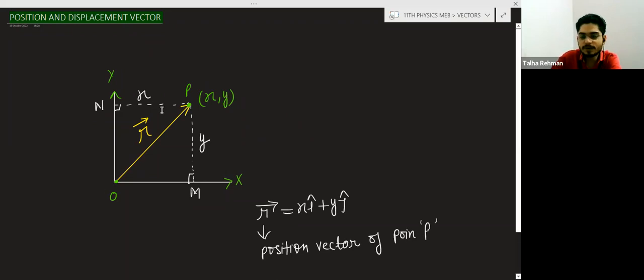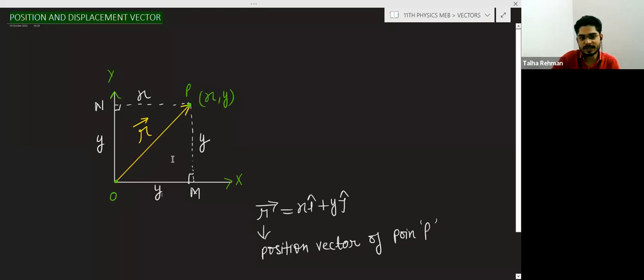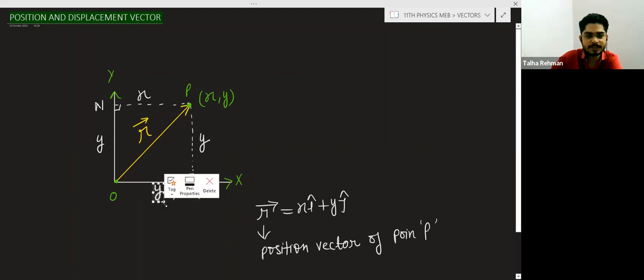See, this is a parallelogram, and this is the diagonal of the parallelogram. This distance will be y, and this distance will also be y. This and this distance will be the same, and this distance and this distance will be the same. So this OM length is along the x direction, so I can write this as x into i cap.